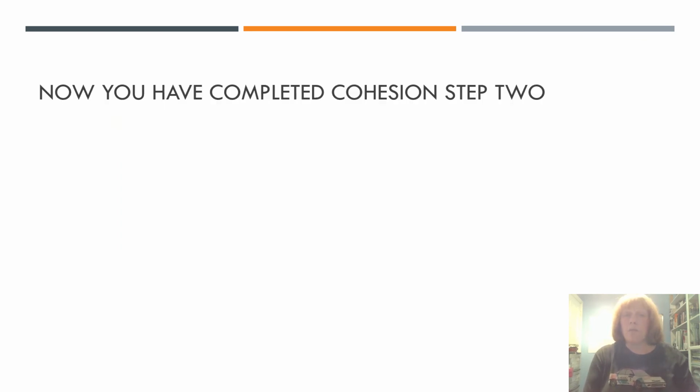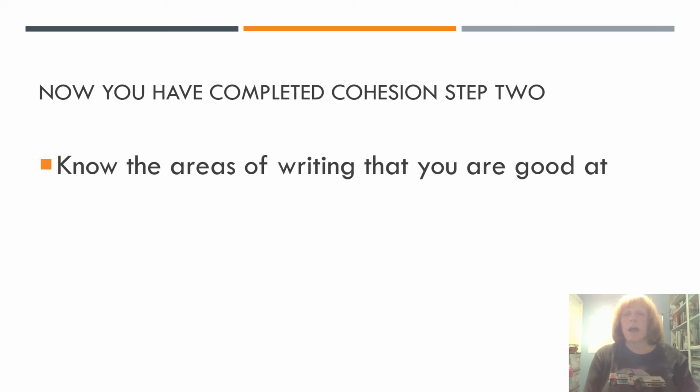So now you've completed cohesion step 2. Ask yourself, do you know the areas of writing that you're good at? That's excellent if you do, because it's very important when you're reading or writing or learning a language that you're aware of the areas you're good at.